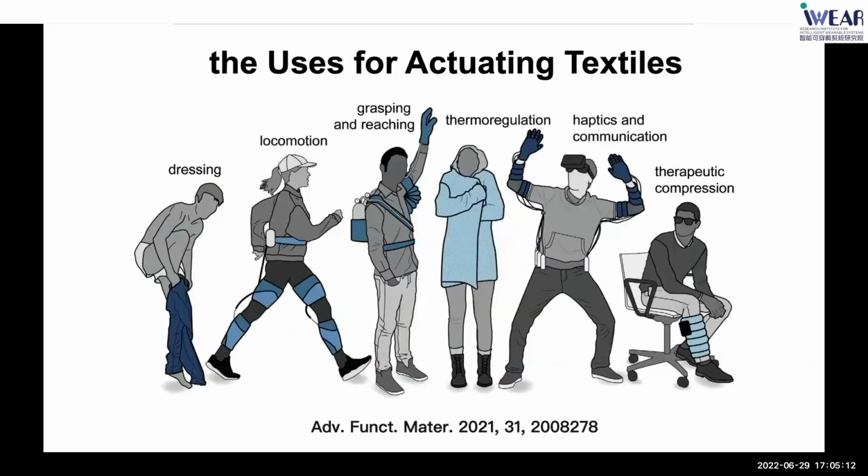For example, here is a cartoon to show the use of actuating textiles. You can see the actuating textile can apply force on our human muscle to assist locomotion and to assist in grabbing or reaching something.